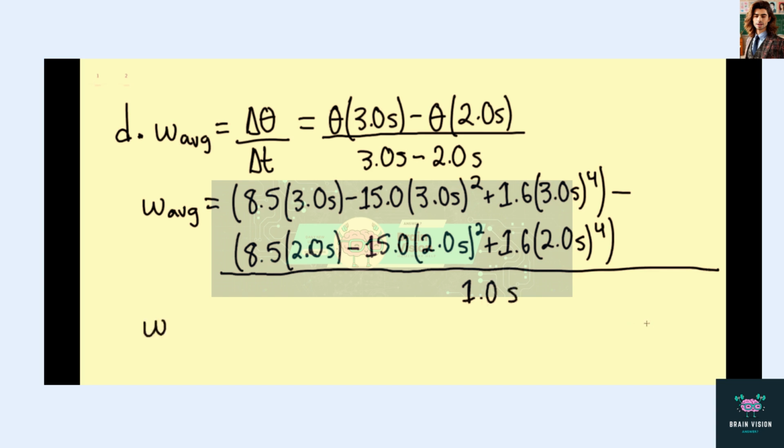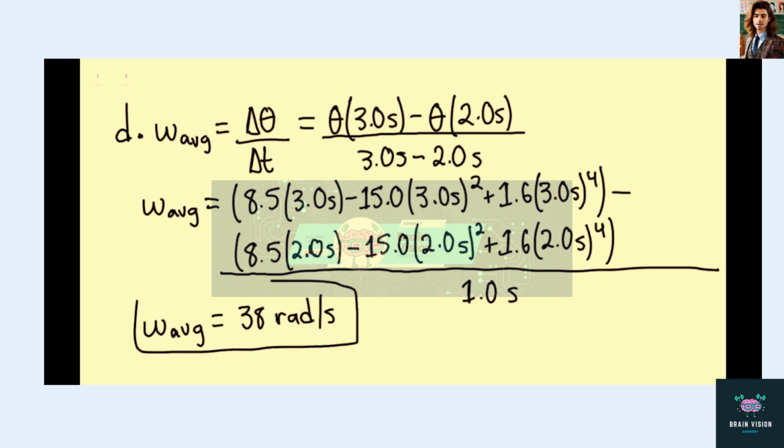And we find an average angular velocity of approximately 38 radians per second. So this would be your answer for part D.